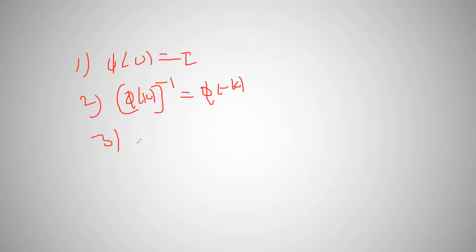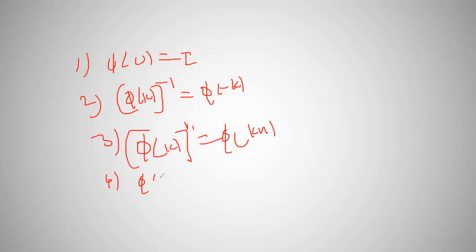Third property, phi of k whole power n is equal to phi of kn. Fourth property is phi of k1 plus k2 is equal to phi of k1, phi of k2.